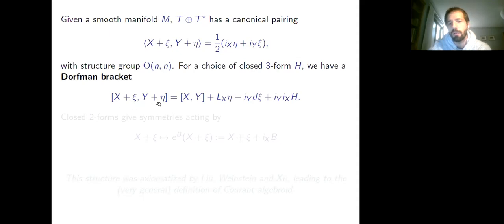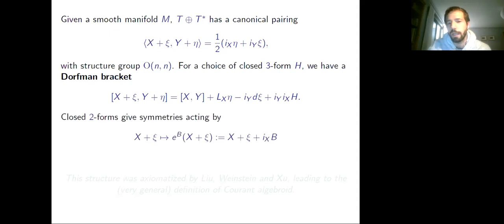So it's cooked up out of natural operations on the vector fields and one-forms. So the first bit is the Lie bracket, the second is the Lie derivative of eta with respect to x, and this other term. And then it has a twisting term coming from this closed three-form, given by contraction of the vector field x with the vector field y.